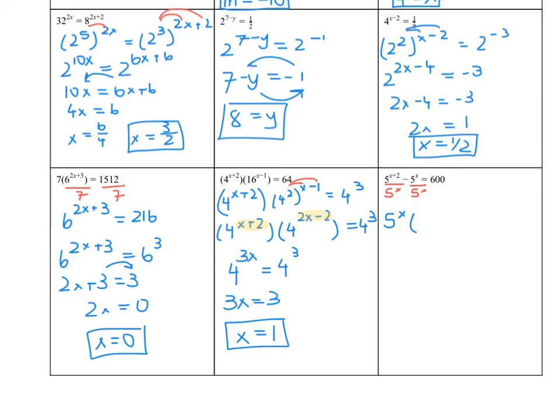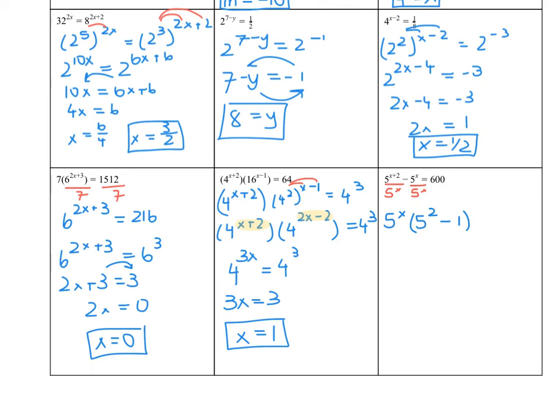So x plus 2 minus x, well, x minus x is 0, so I'm just left with 5 to the power of 2. And then subtract 5 to the x divided by 5 to the x would be x minus x, which is 0, and anything to the power of 0 is 1. Or you can see it as anything divided by itself is 1.